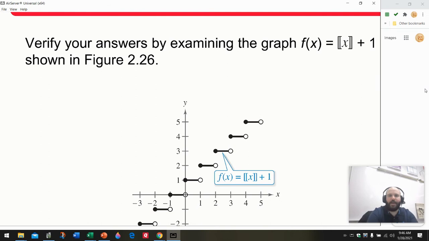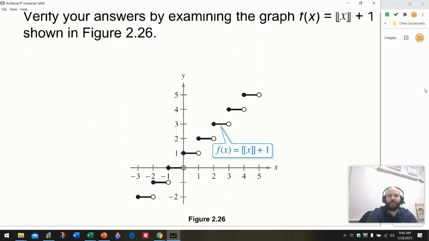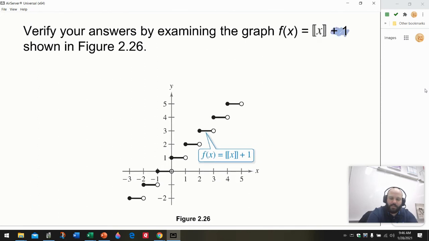And that would be the graph of the greatest integer function x plus 1. What I would like you to notice is the whole set of stairs were shifted up by 1. That is what this plus 1 does right here. This takes the whole graph and bumps it up 1 step.